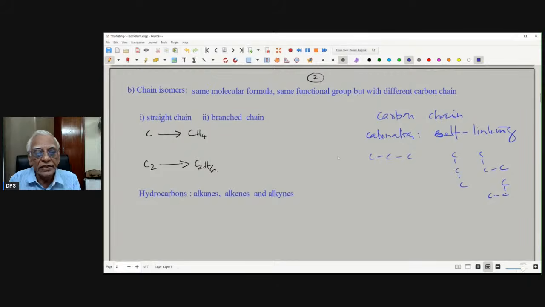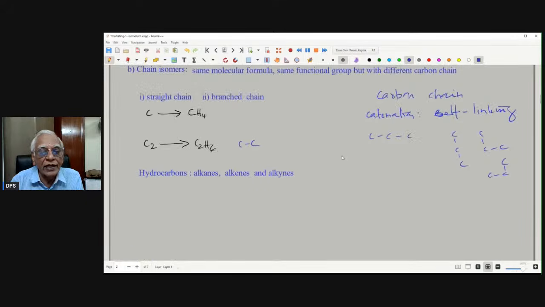Now, branching takes place with the C4 carbon atom. C1 has only 1 carbon atom, methane. C2 also has no branching, just 2 carbon atoms connected together. C3 is propane, again only one way. If it is C4, for example, I have the 4 carbon atoms in a straight chain, or of course this can be written this way.